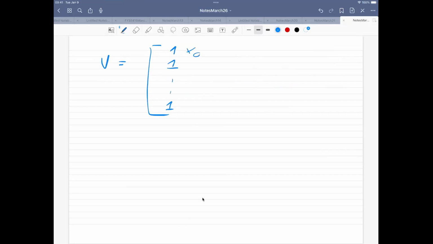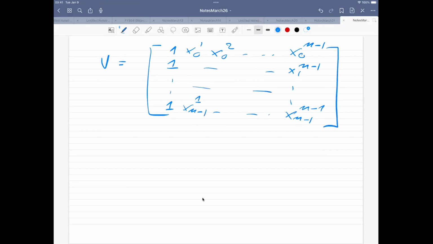And then I have x0 to the power of 1, x0 to the power of 2. And if we go all the way up, we have x0 to the power of n minus 1, x1 to the power of n minus 1, down to x_(n-1) to the power of n minus 1. And here we would have x_(n-1) to the power of 1. And this just repeats itself, this pattern which you see here. So this is the famous Vandermonde matrix.